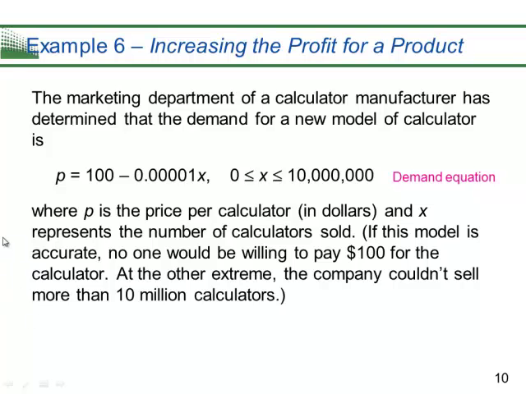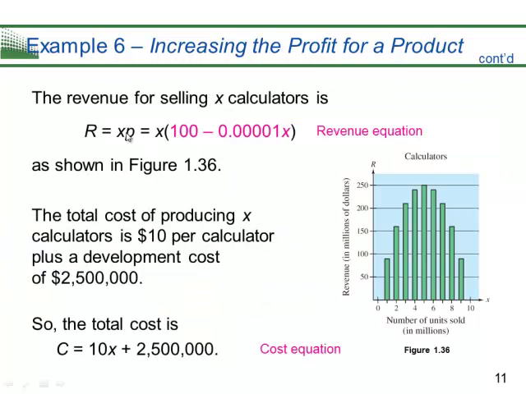All right, so then the revenue for selling x calculators is the price per calculator times the number of calculators. So this is the expression that we would use for the revenue. The total cost then is $10 per calculator plus, let's say, a developmental cost of $2.5 million to pay the employees, engineers, and software programmers to be able to make this calculator.